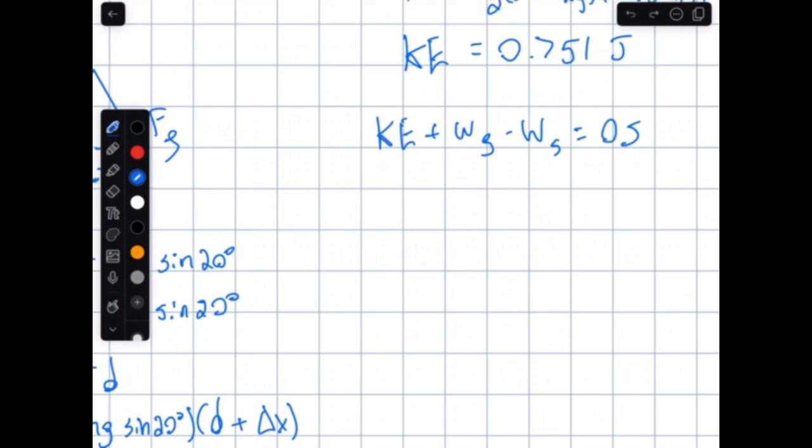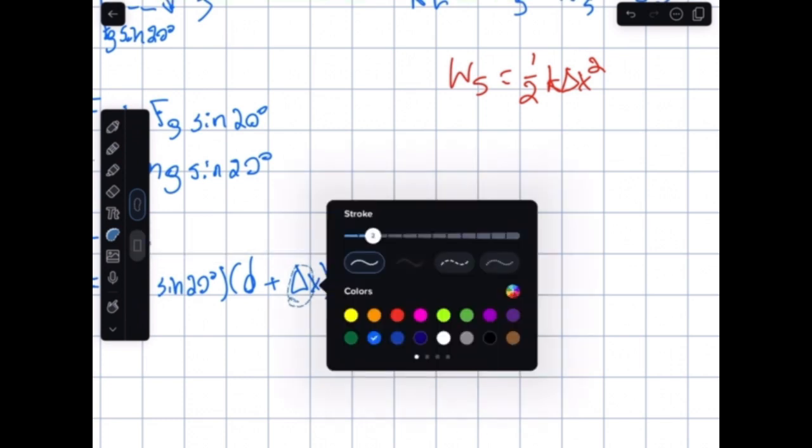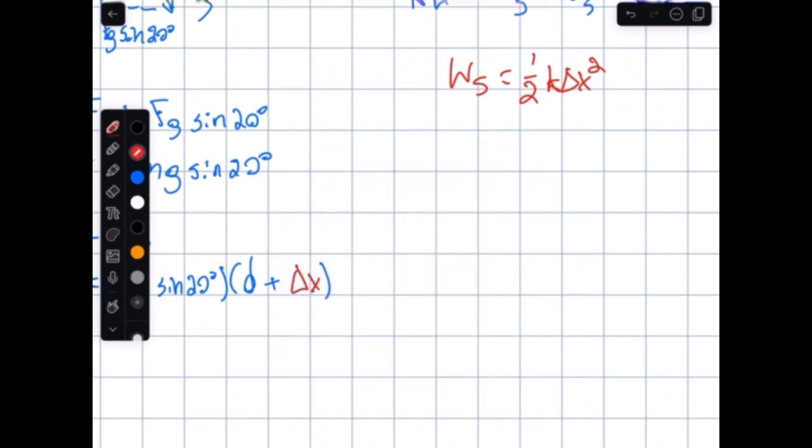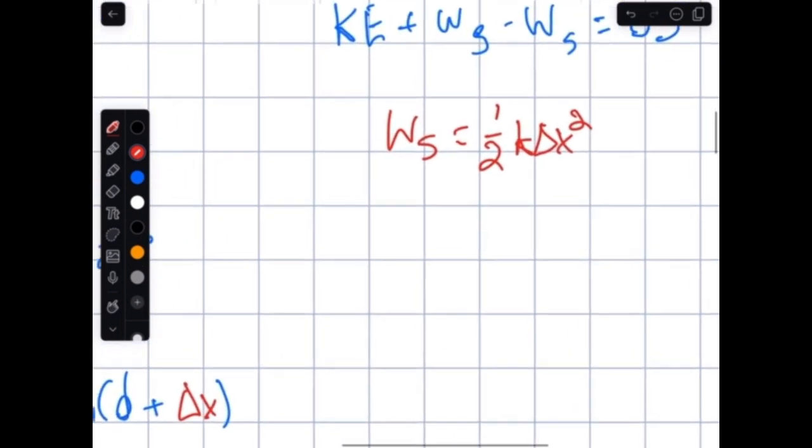Here, I'll do a different color. Work spring equals 1/2 k delta x squared. Delta x, remember, is this delta x right here. Make this red too. So we know delta x is what we're going to be looking for with this work by spring, or displacement with the spring constant here.